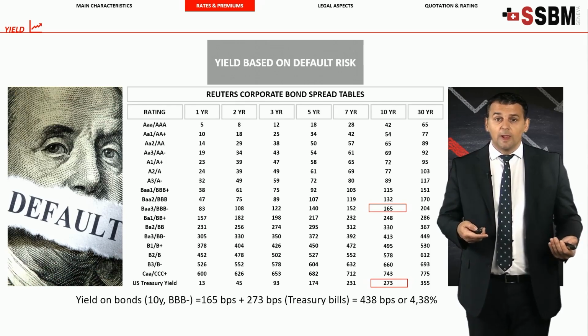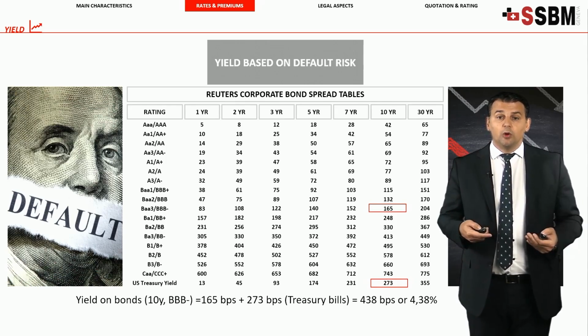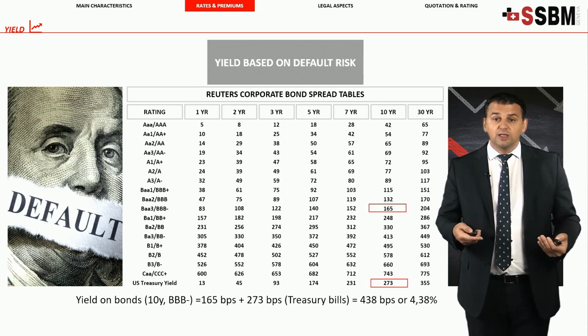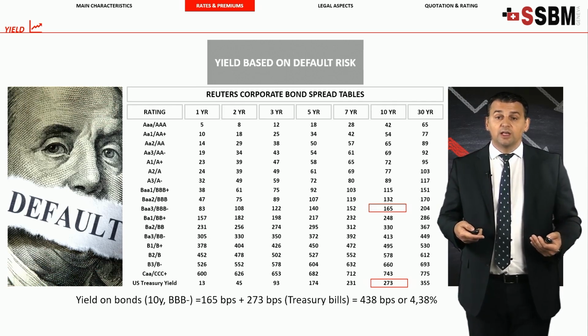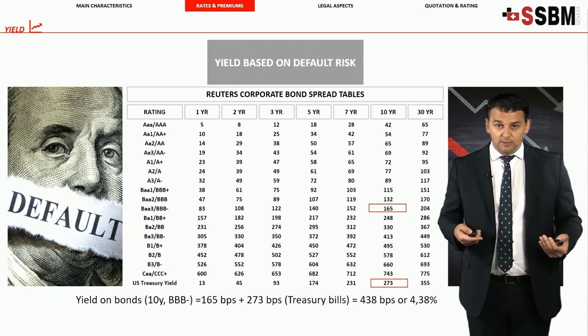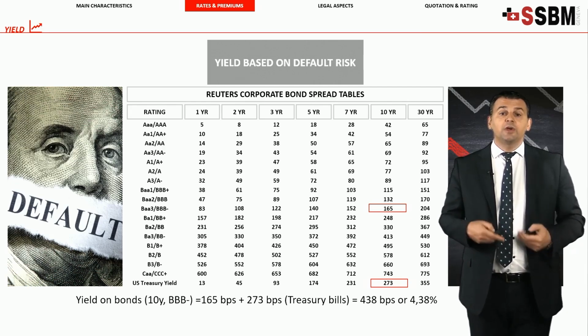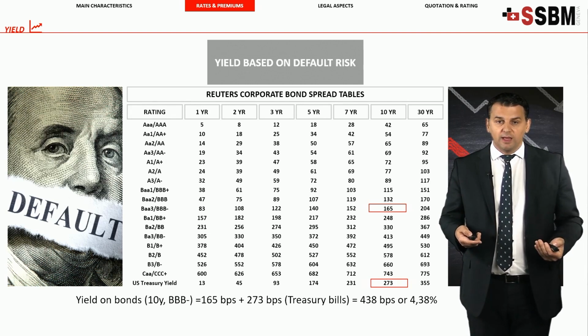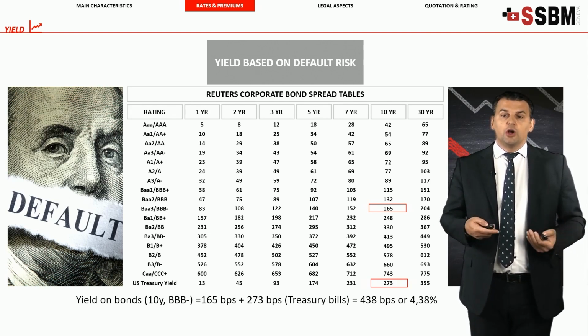So if you sum it all together, your spread plus your risk-free rate, treasury bills in your country, you will have 438 basis points or 4.38%. To conclude, if you have a rating of BBB minus here, the cost of your financing for a maturity of 10 years would be 4.38%.